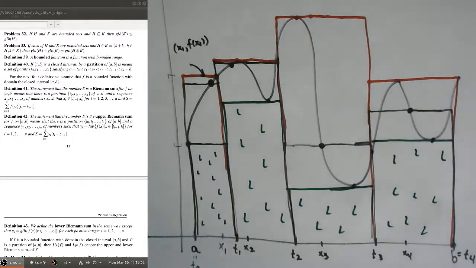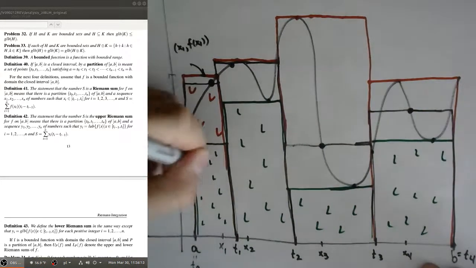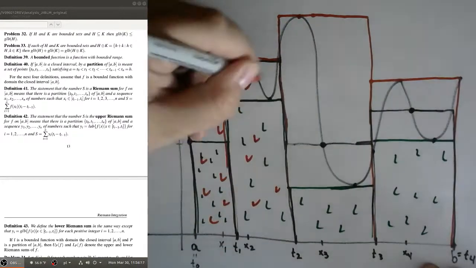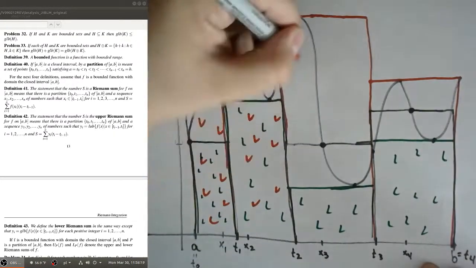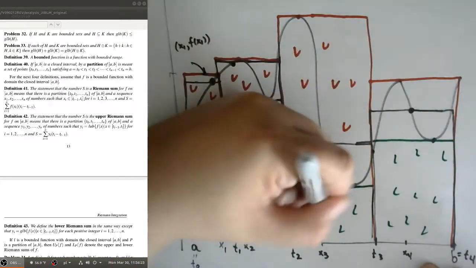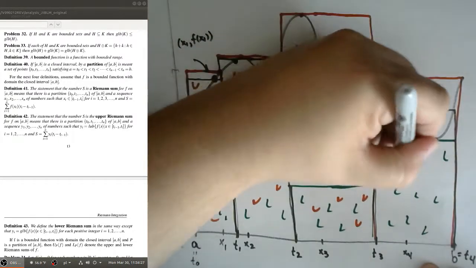So you can see if I started putting in R's or U's for the upper Riemann sum, that bleeds into these lower Riemann sum rectangles, but it's an overestimate, while the lower Riemann sum is a definite underestimate, and the original Riemann sum I made is somewhere in between.